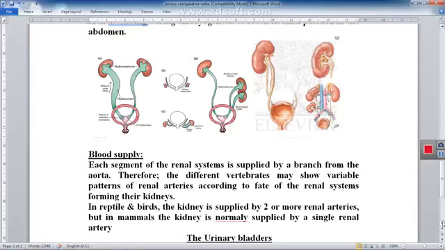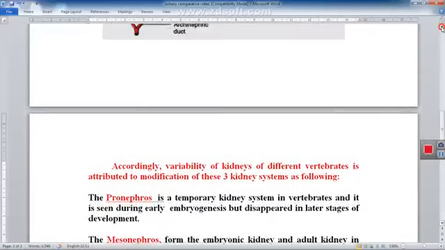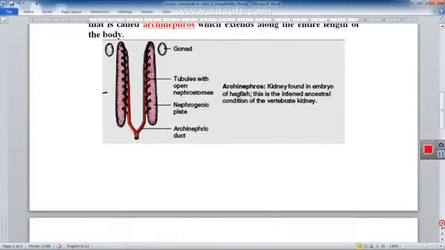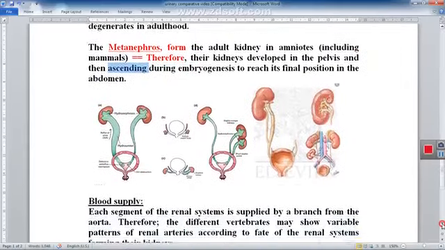In regard to blood supply to the kidney system, if you look at the figure of the early vertebrate kidney, the one that we call archinephros, you can see that the abdominal aorta could give a branch to each of the kidney systems.